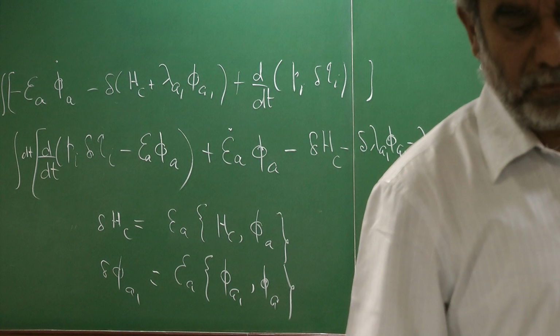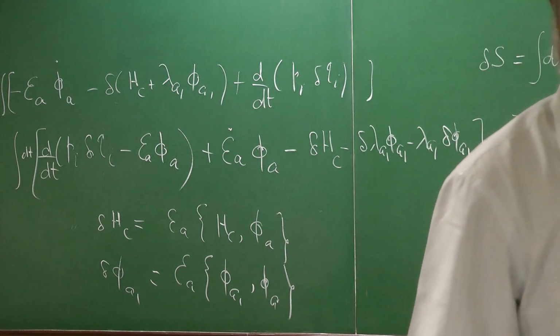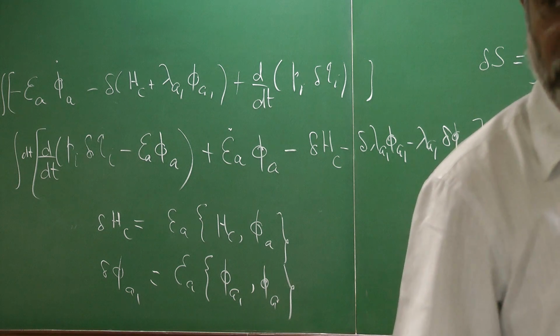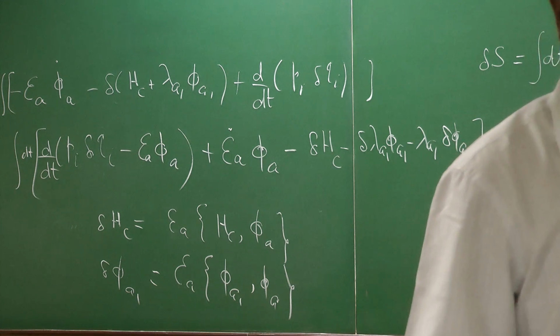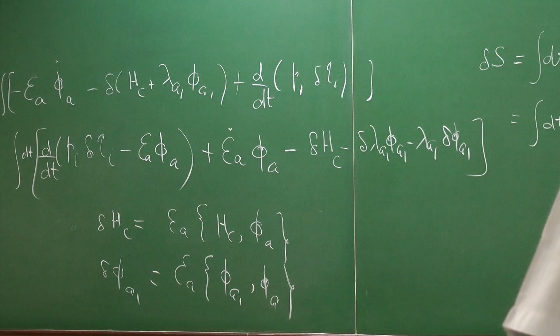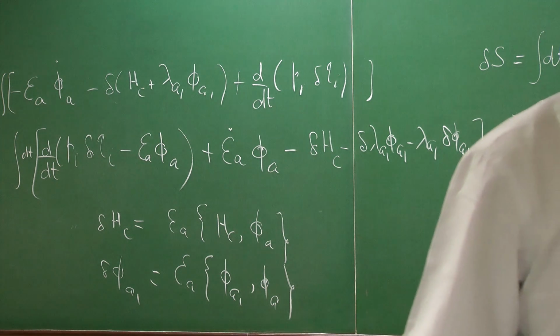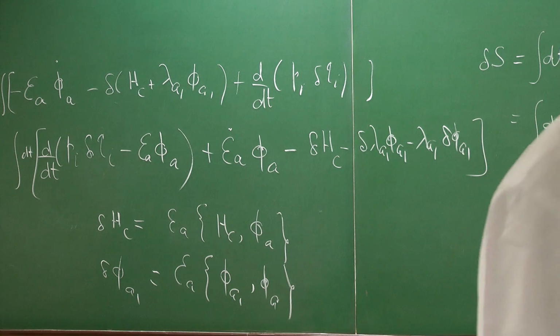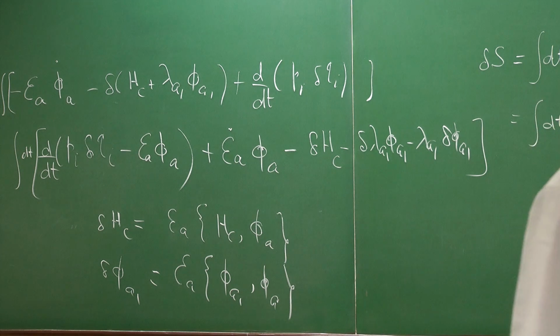But phi dot equal to 0 can give me other things. It can give me a new constraint, and it does give me a new constraint. Okay? So you have to retain it. It's always useful to retain it. It is 0, but it is 0 only weakly. It's not strongly 0. Okay?